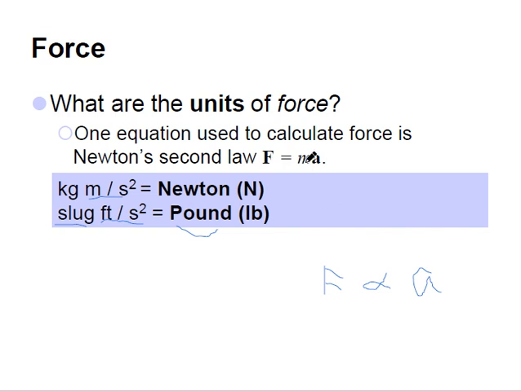We're assuming mass is constant in this proportion, and of course if your acceleration is constant, you will have your force directly proportional to your mass. If you have a bigger mass, you need bigger force. If you have a smaller mass, you need a little force.